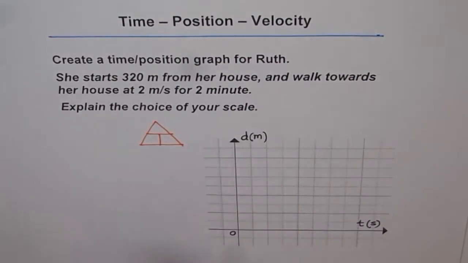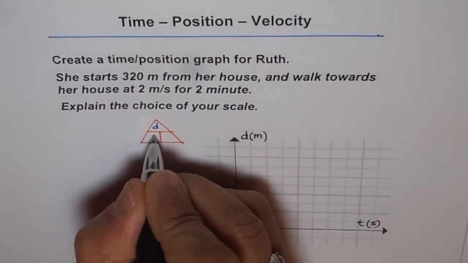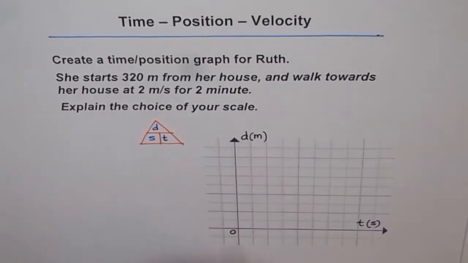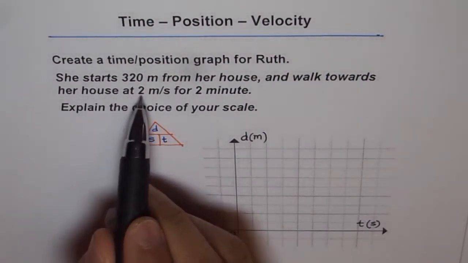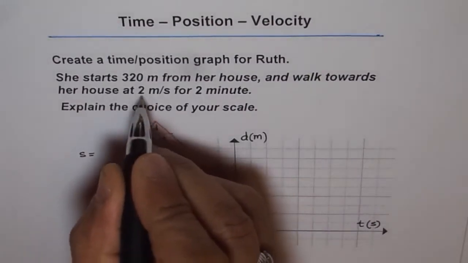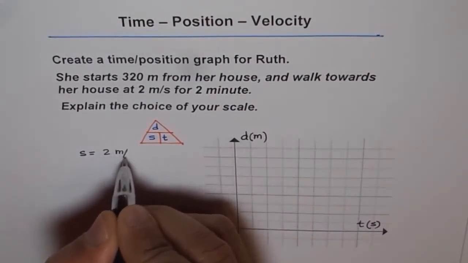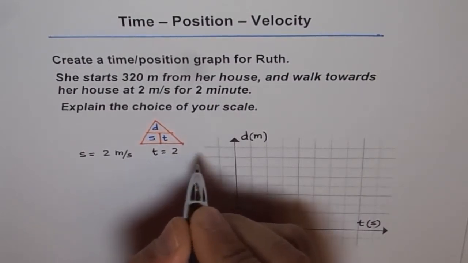That is distance, speed and time, correct? Now we are given that speed is 2 meters per second, and time is 2 minutes.